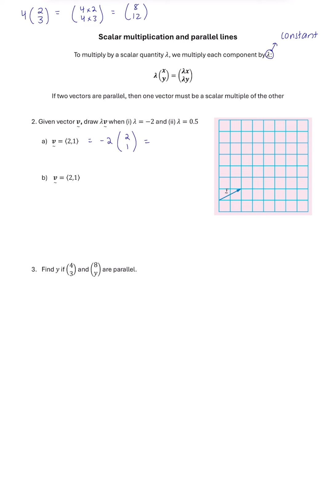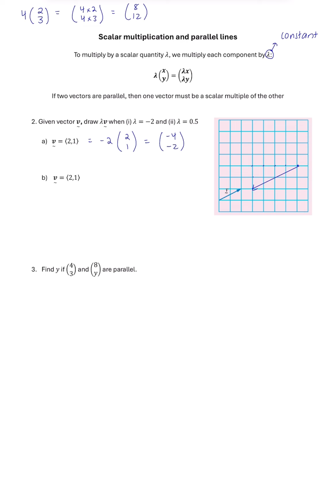So if I were to multiply that scalar through, I would end up with -2 times 2 and -2 times 1. So I'm thinking about a vector that has a run of -4. So let's just say maybe my starting point is here. So I'm going to go to the left by 4. 1, 2, 3, 4. And I'm going to go down by 2. 1, 2.